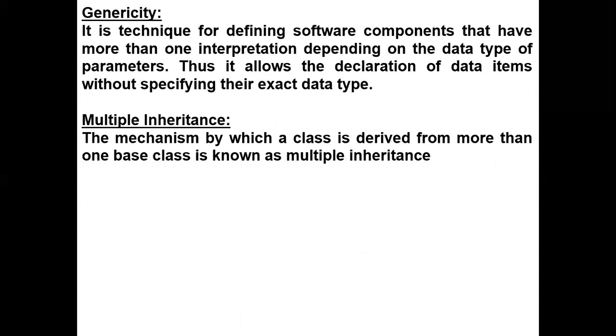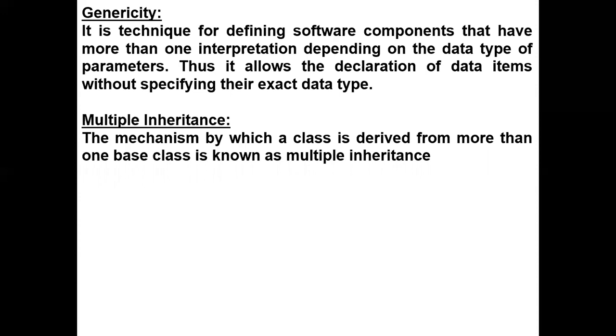Genericity means generalization is there. In the superclass, the general properties are there, and in the subclasses, this generalization can be converted into specialization. Multiple inheritance: one superclass with two subclasses, one parent and two children, is single or hierarchical inheritance.